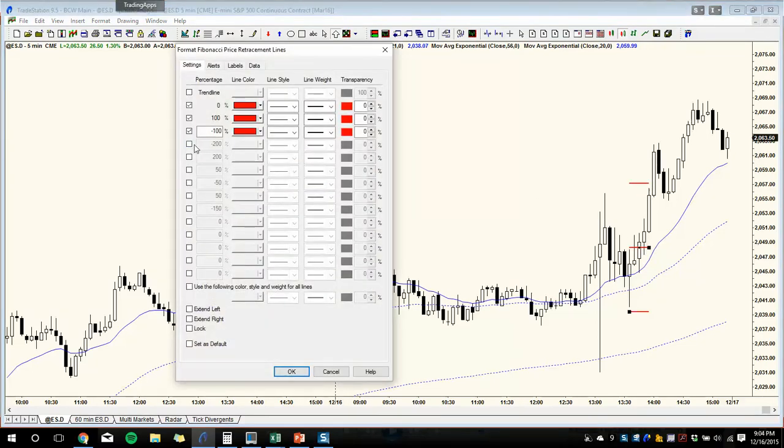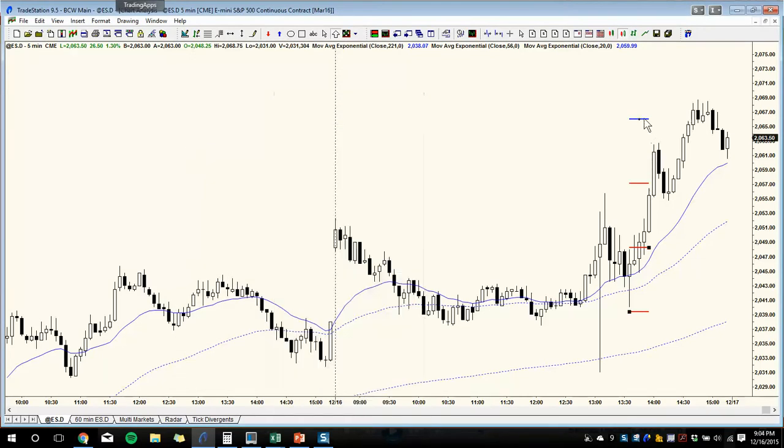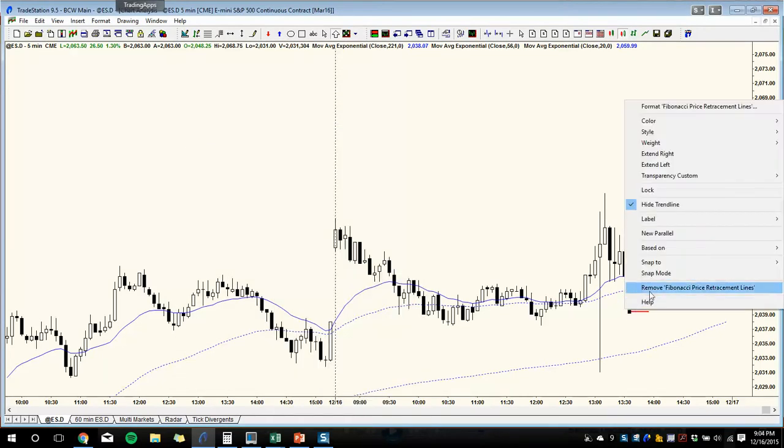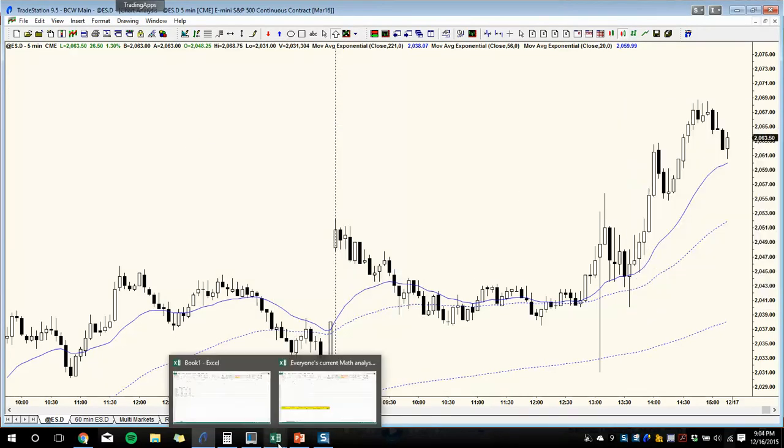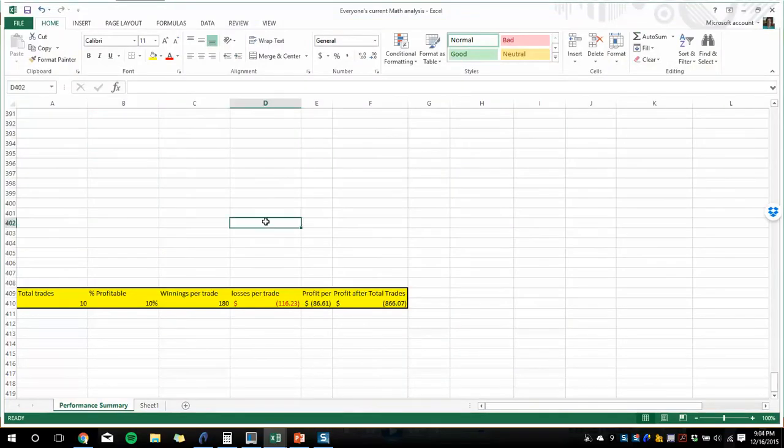And you can see right here, it gave you 2-to-1 initial.